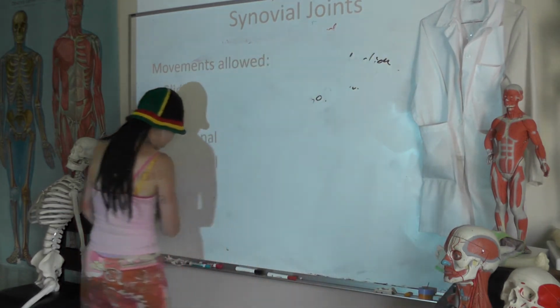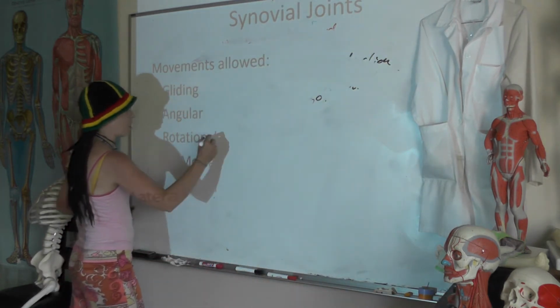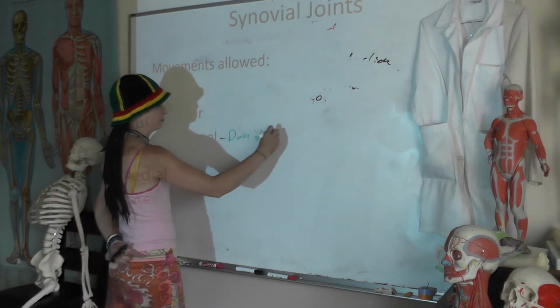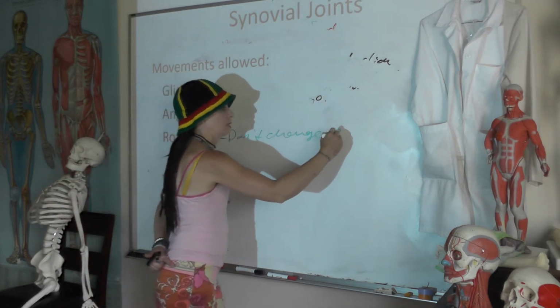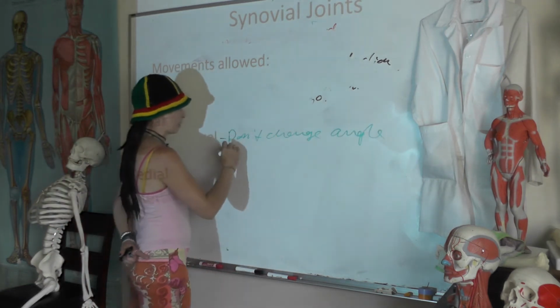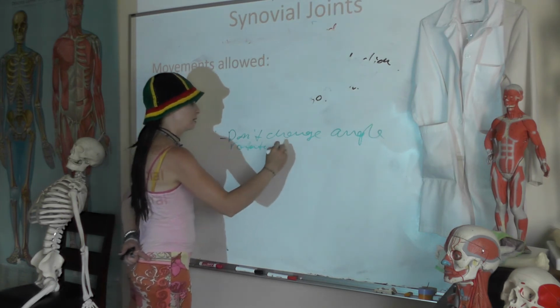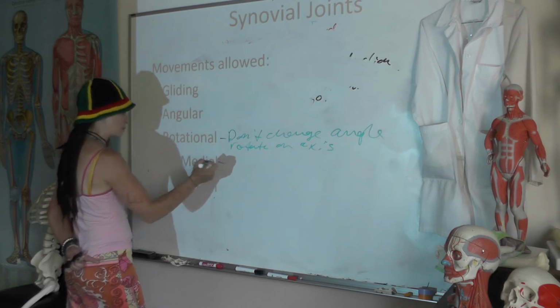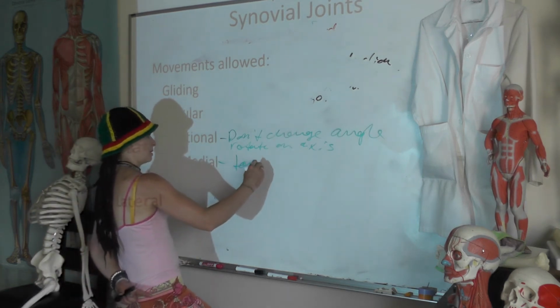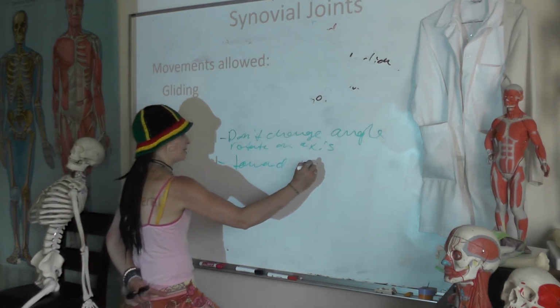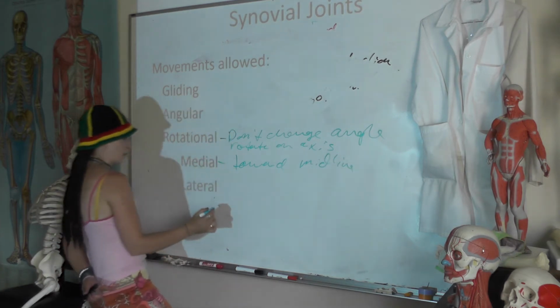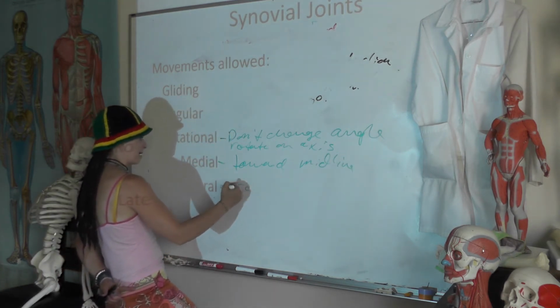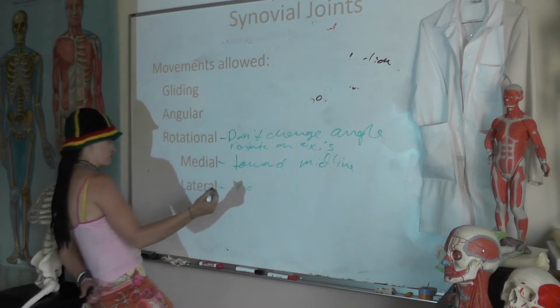So in our rotational movements, we don't change the angle, we rotate on an axis. Toward the midline is medial rotation, and away from the midline is lateral rotation.